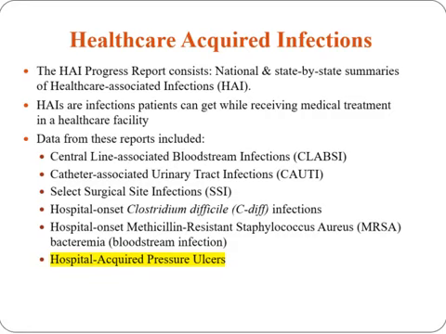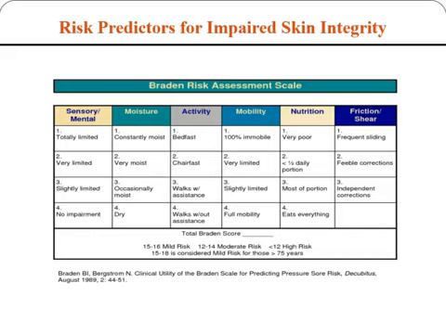And what happens if there's hospital-acquired infections? Well, the hospital does not get reimbursed by Medicare and many private insurance. This means that the hospital has to eat those costs associated with that injury. And they are very costly.